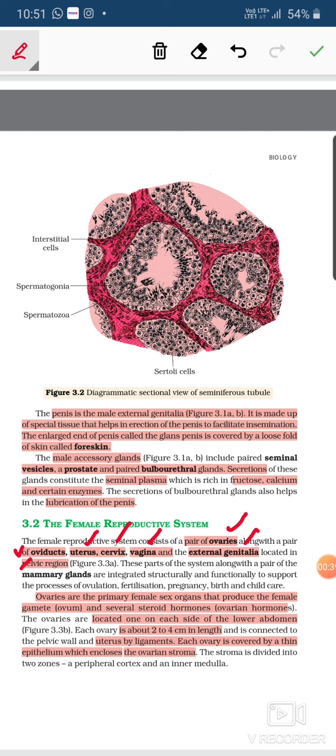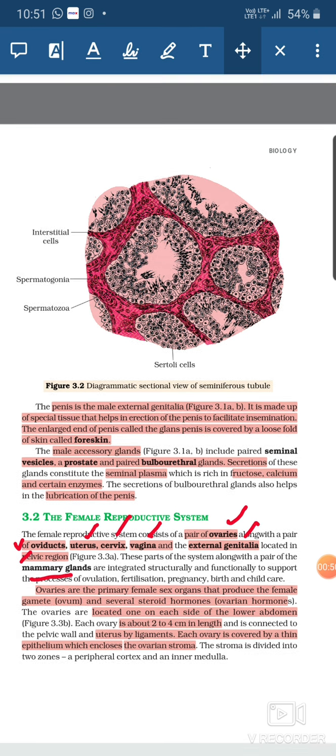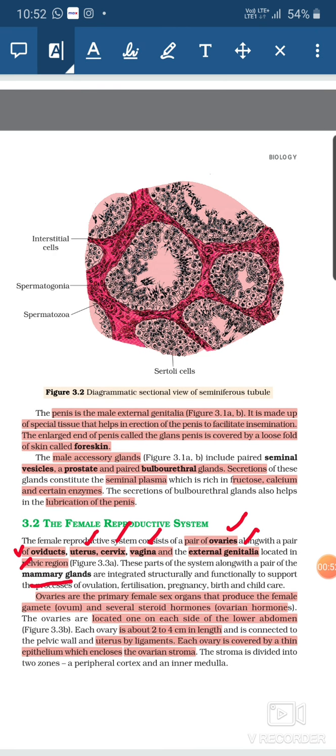This system, along with the pair of mammary glands, is structurally and functionally important and supports processes like ovulation, fertilization, pregnancy, childbirth and child care. So all the major events which are part of reproduction are together supported by the female reproductive system and the mammary glands.